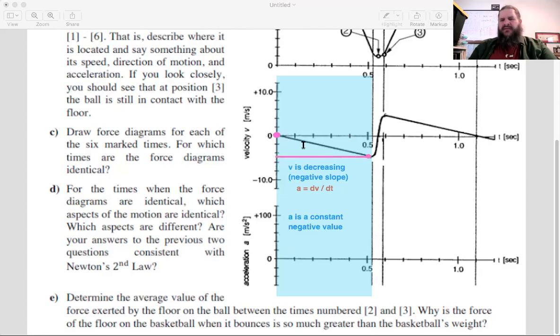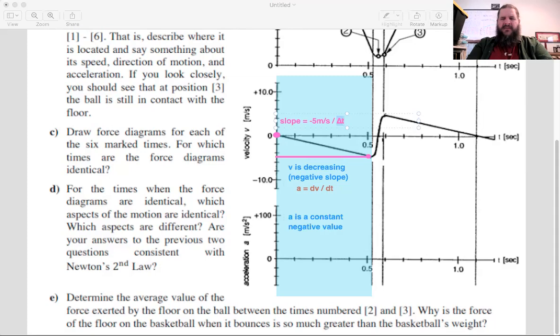So if we calculate, and the reason we can just take the rise over run for this period of time is because it's a straight line. So we don't really need to draw in a tangent line because it's already a linear function. So for the slope of this line, we can say it's the change in v over change in t. Change in velocity is decreasing by 5, so that's about -5 meters per second.